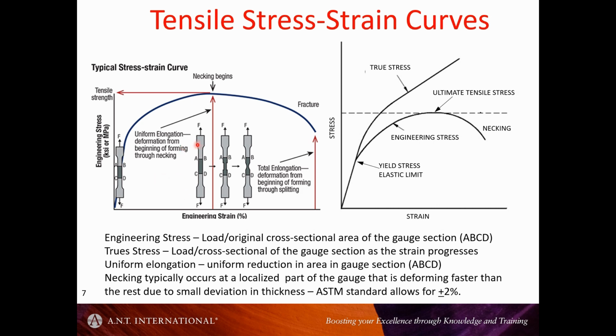The specimen elongates, especially in this thinner area, but it does so in a uniform manner, so that over this whole length of the gauge section we get a gradual, uniform decrease in the dimensions.